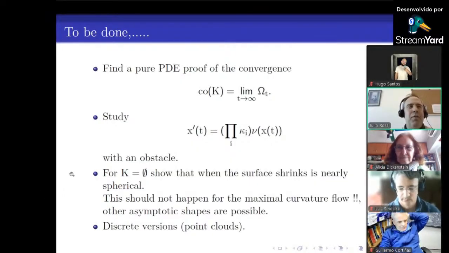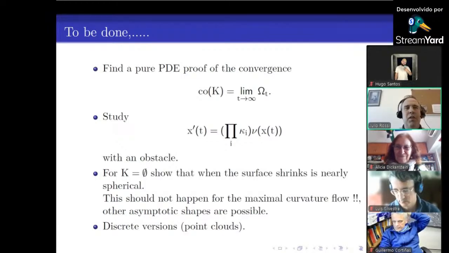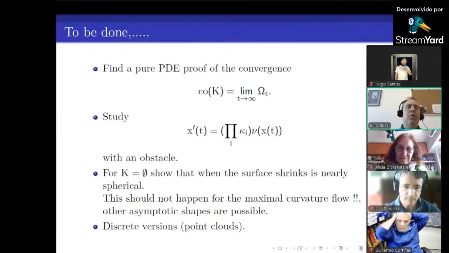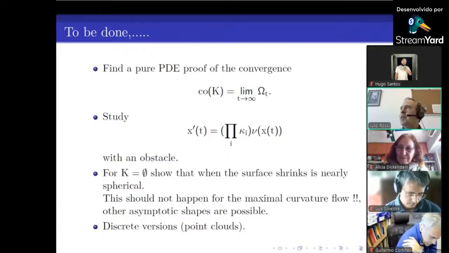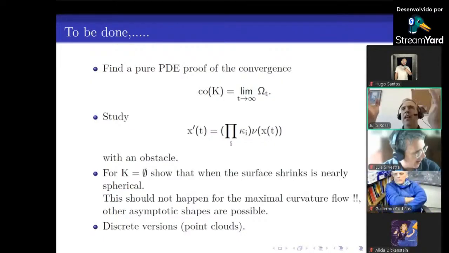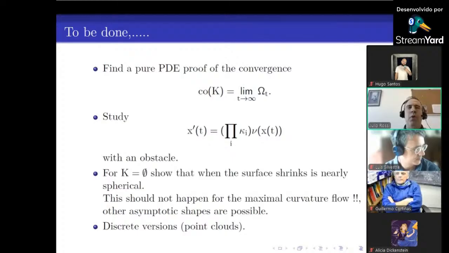Okay, the next thing is that without any obstacle, the surface shrinks, and you want to prove that when you shrink the surface by minimal curvature, assuming that the initial surface is convex, it remains convex and shrinks to a point. And when it shrinks to a point, it's going to be nearly spherical.